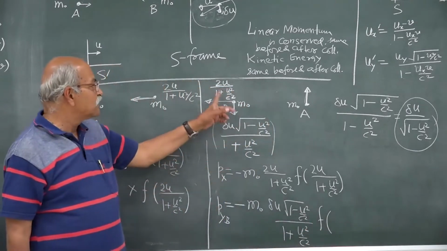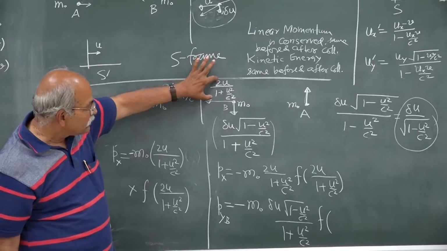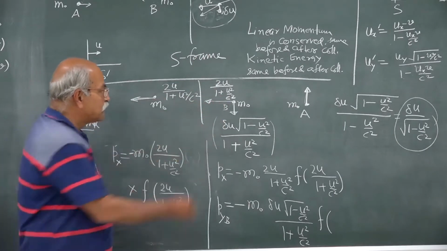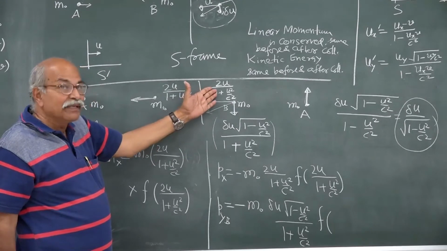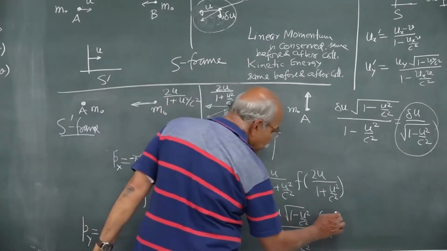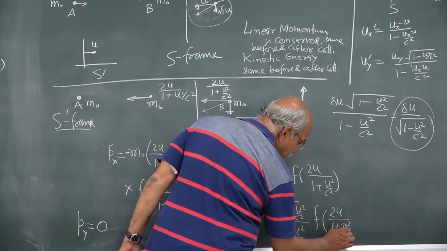What is the speed of the particle? The speed of the particle is this much. This is that first order small quantity. So the speed of the particle, it's the same in our approximation, and therefore it is 2u by 1 plus u square by c square.